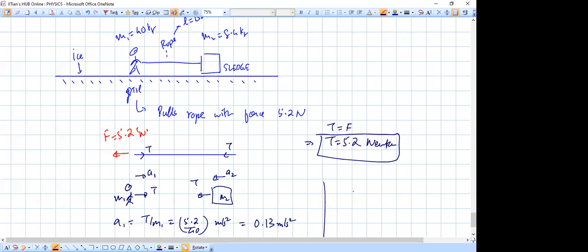And a2 will be T by m2, that is 5.2 newtons divided by 8.4 kg, which is 52 by 84, so 13 by 21 meters per second square.